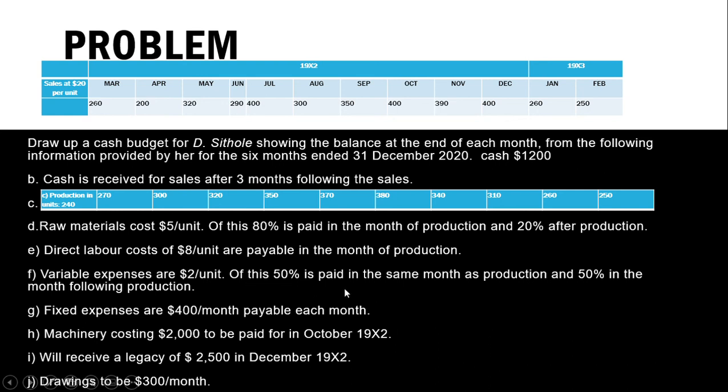Of the cost, 50 is paid in the same month as production and 50 in the remaining month following production. G, fixed expenses are $400 per month payable each month. Machinery costing $2,000 to be paid for in the month of October 2020.